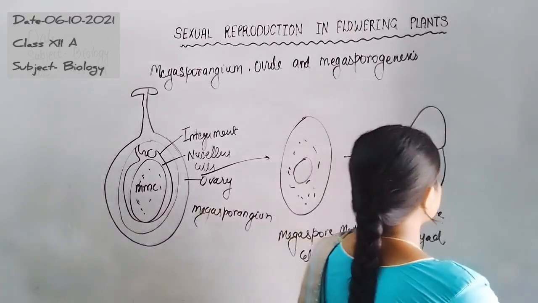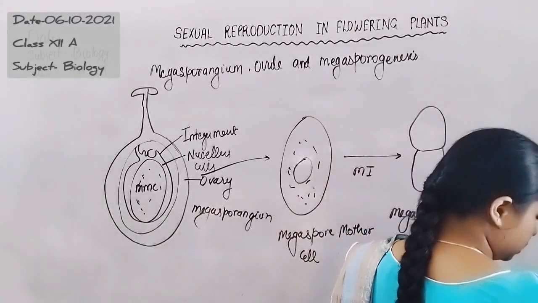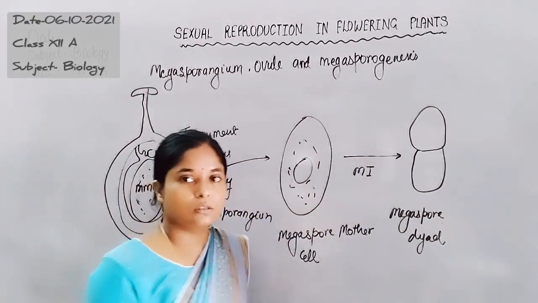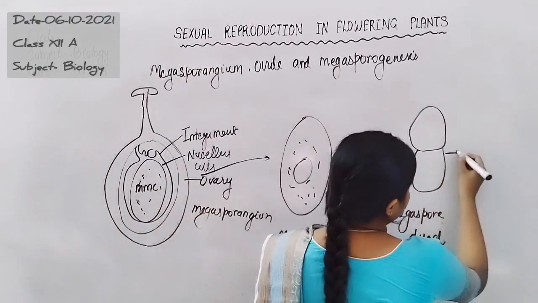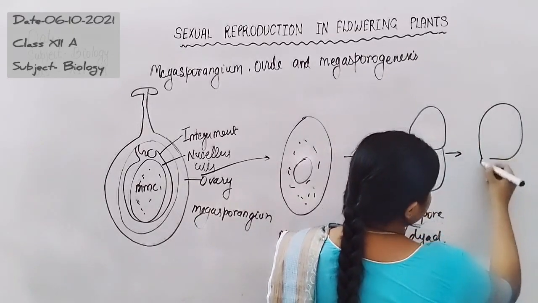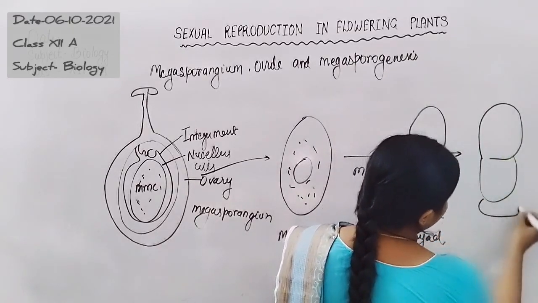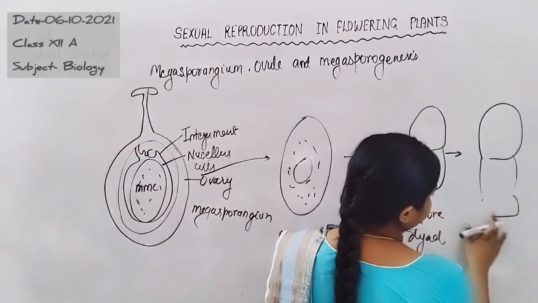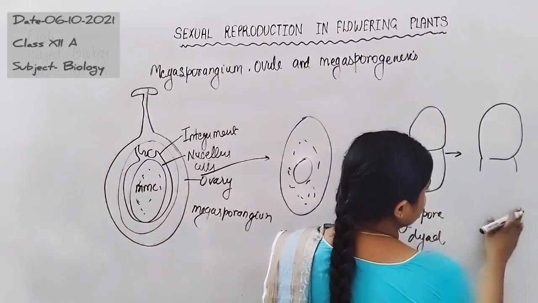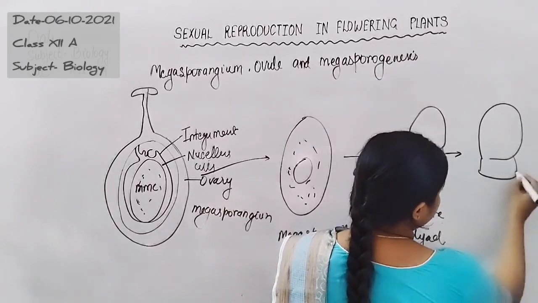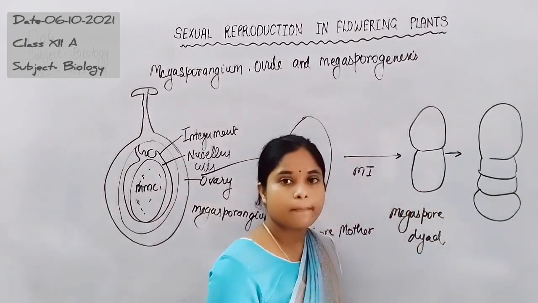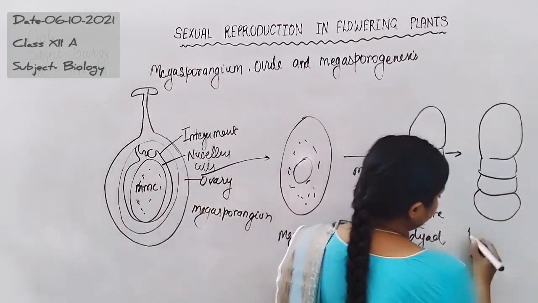Now this structure again undergoes the second meiosis division for the formation of the megaspore tetrad.